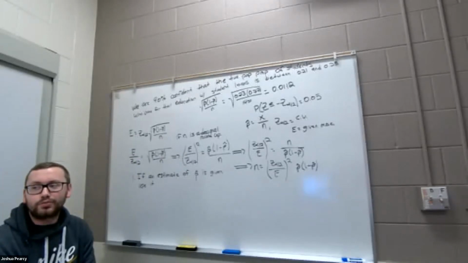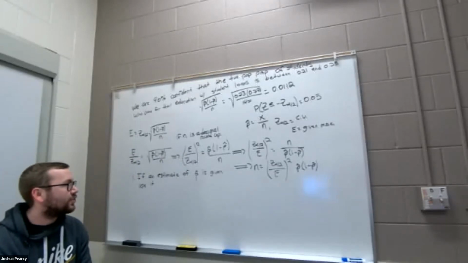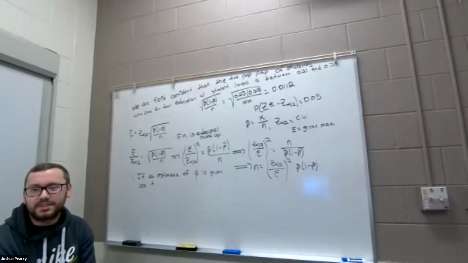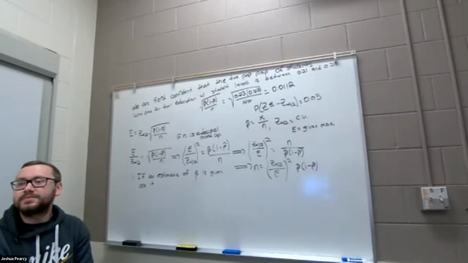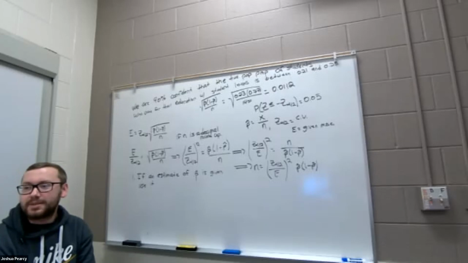Anyone have any ideas? So what you want is p hat times 1 minus p hat to be large. Has anyone taken calculus yet? If you want to find the maximum at some point of a curve, what do you do? You take the first derivative and set it equal to 0 and solve for the value.